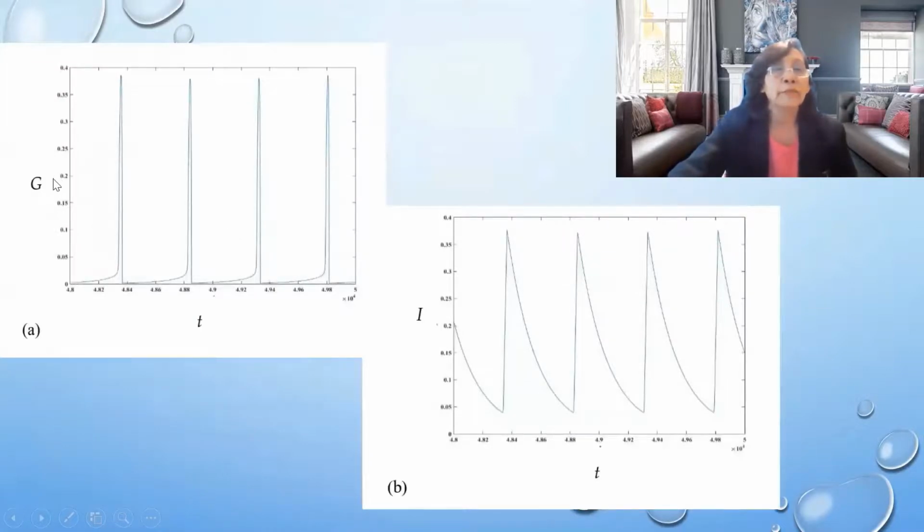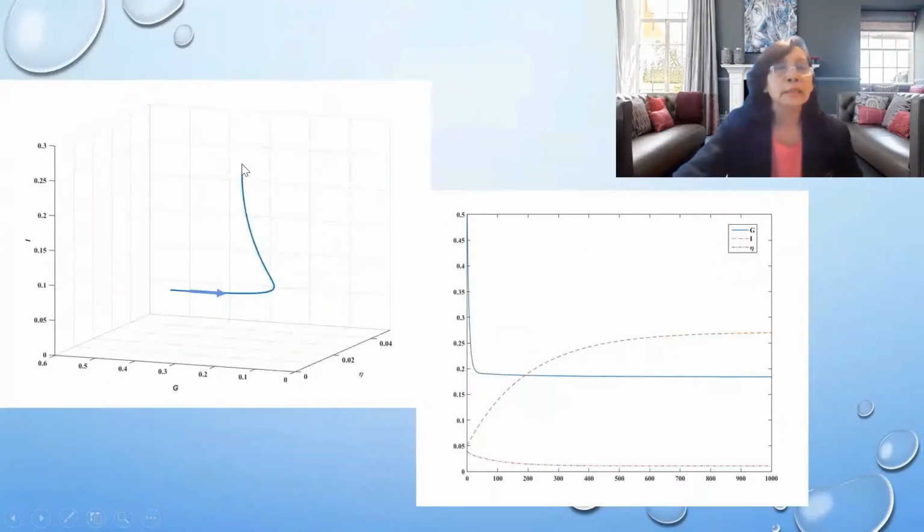This shows the graph of G as a function of time. So it is periodic. And this is the graph of I as a function of time T, repeating itself in a periodic fashion.